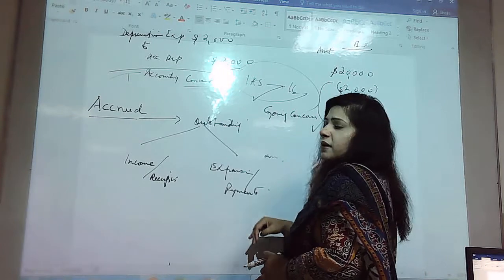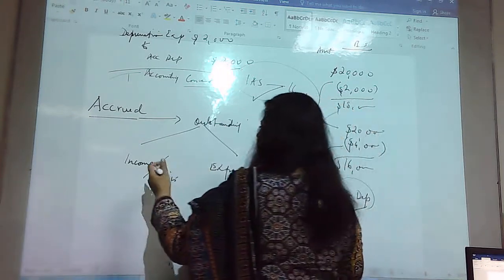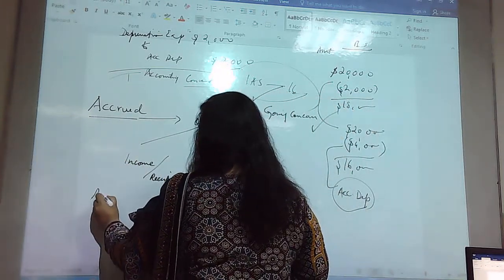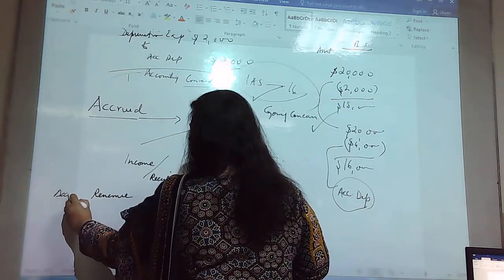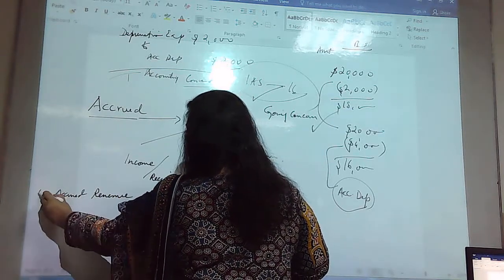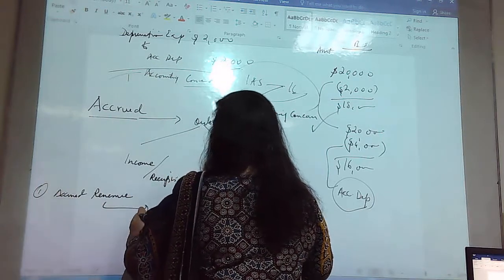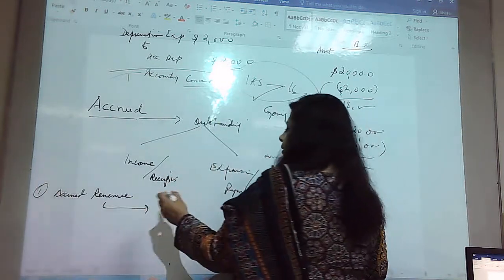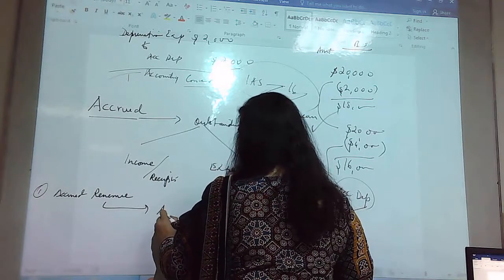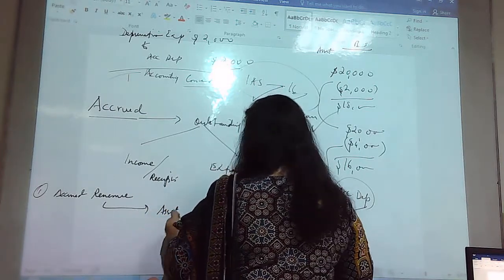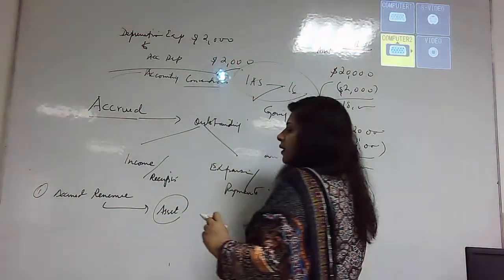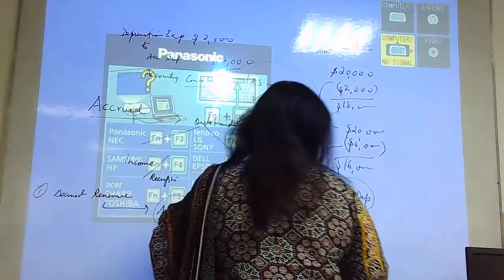Now when this happens, let's suppose you have accrued revenue. It means that this is your asset, and at the same time you have earned it, so it's your income as well. This is a receivable.